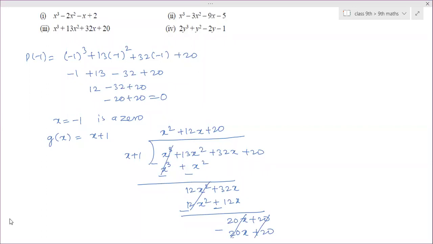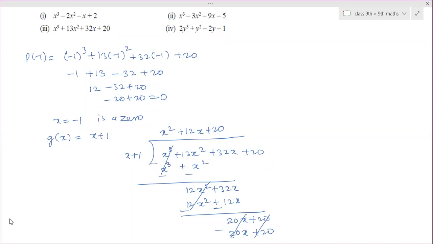Check with minus 1. Ma'am, we are getting it with 1 itself. Yeah, you can do it with 1 or minus 1. Both will work.